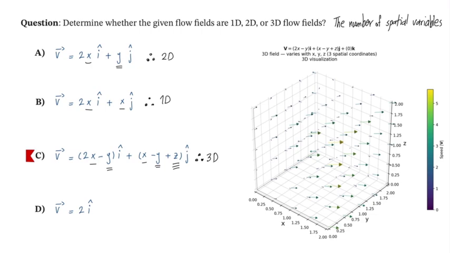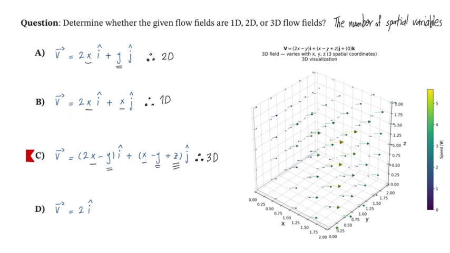However, you might notice that we only have an i component and a j component, but not a k component in our output. As mentioned before, this should not confuse us into stating that this is a 2D flow field, because our flow field is also changing with z and the two other spatial variables, which are y and x.